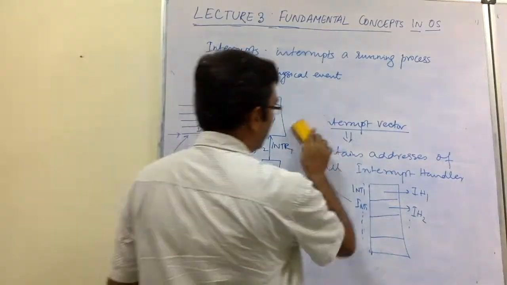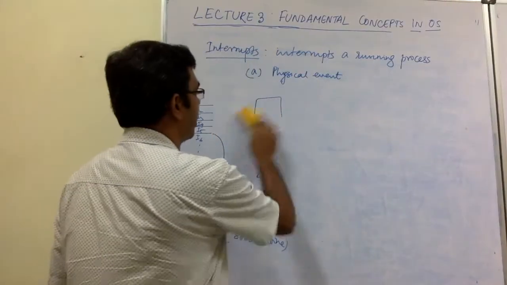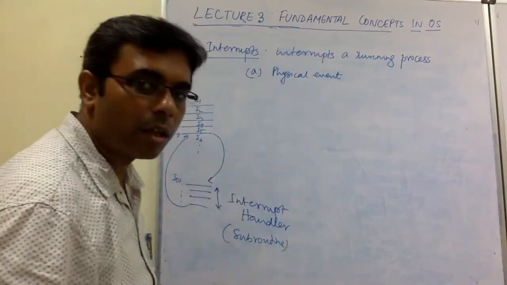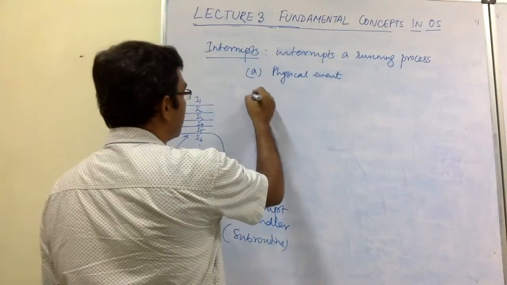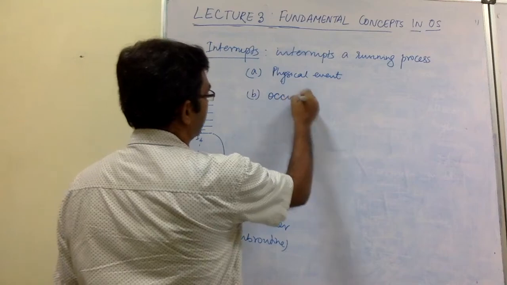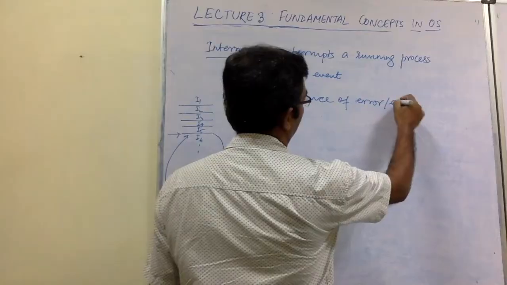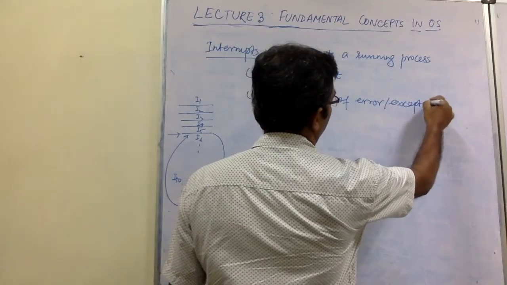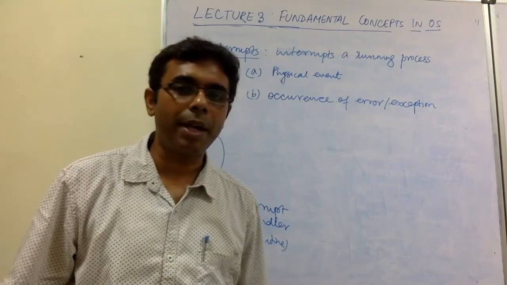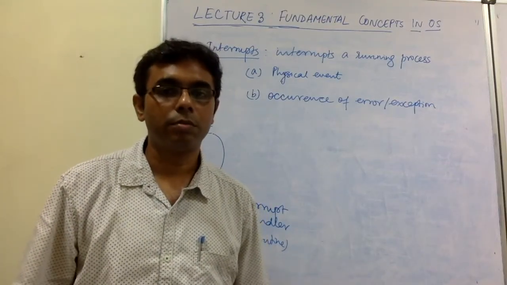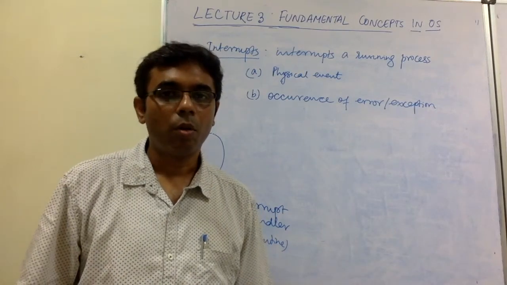Now there can be other ways of interruption of a program as well. The second way that may lead to an interruption of a program is the occurrence of errors or exceptions. It may so happen that during execution of a program, you end up in some kind of execution that you don't want, say for example, division by zero or buffer overflow.